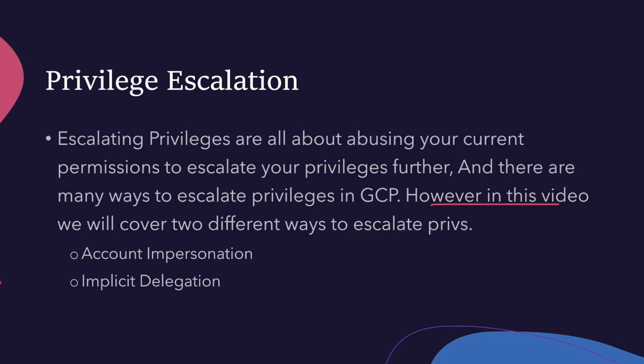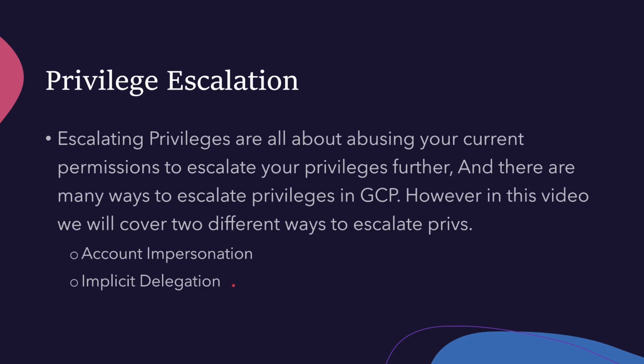However, in this particular video, we will learn about two different ways to escalate our privileges in GCP. The first one will be account impersonation, and the second one will be a crazy good privilege escalation technique, which is implicit delegation.